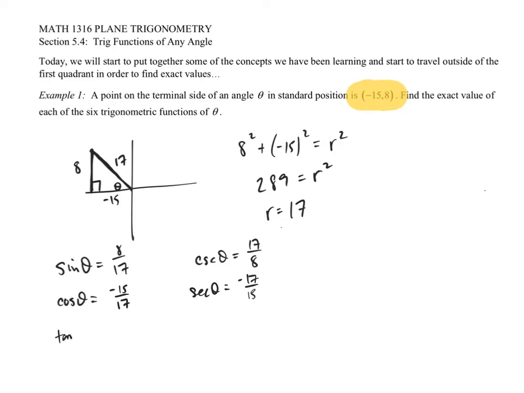And then finally, tangent theta I know is going to be opposite over adjacent, and so opposite is going to be 8, and adjacent is going to be -15. So I can just write that as -8 over 15. And that tells me that cotangent theta, the reciprocal, is just going to be -15 divided by 8. Okay, so put your point in the right quadrant, find the hypotenuse using the Pythagorean theorem, and then find the 6 trig functions the way that we normally do.